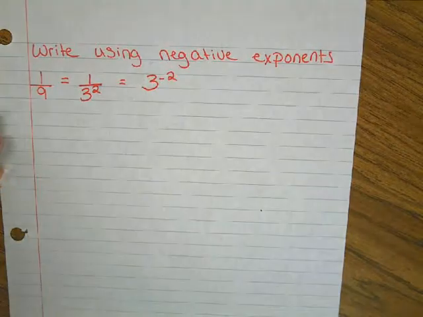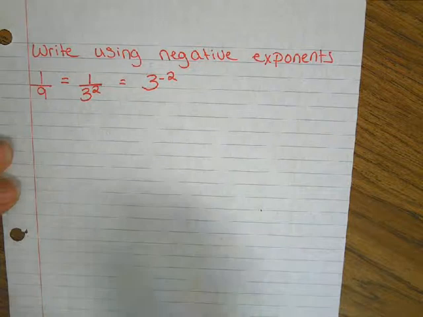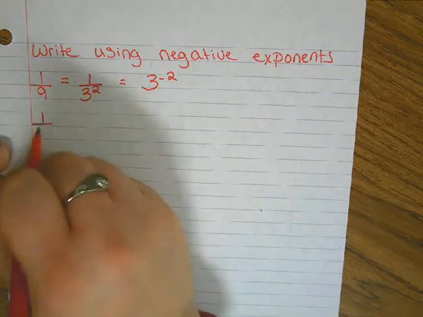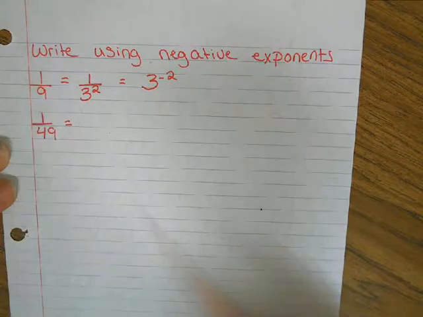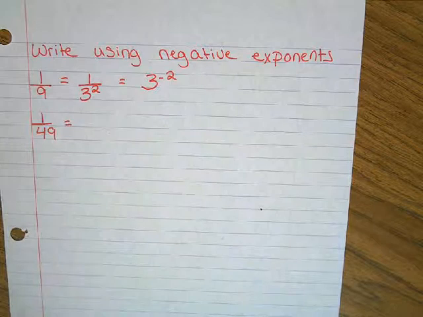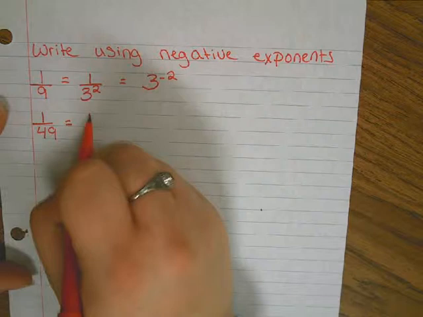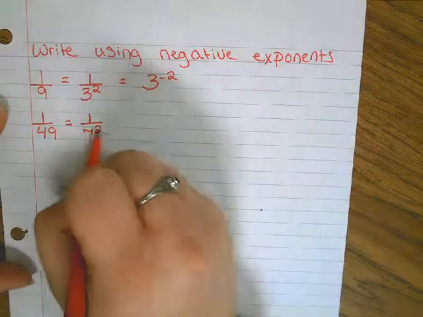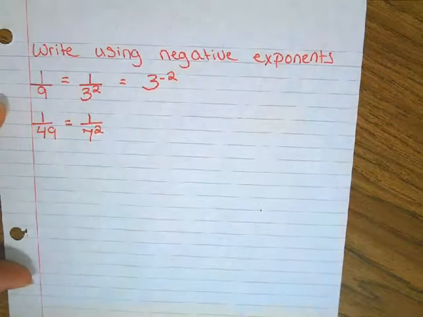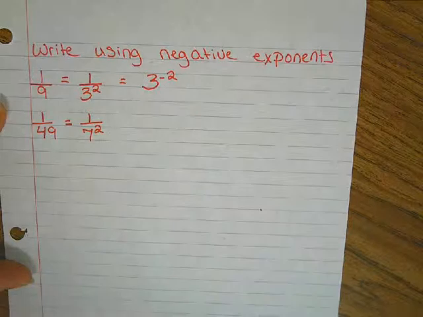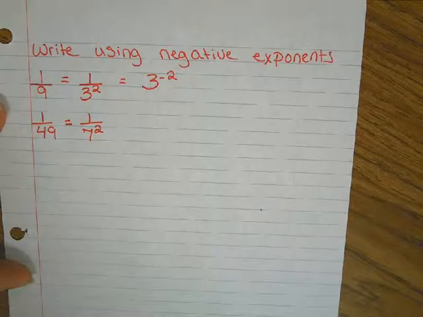Alright, what about 1 over 49? What number times itself gives me 49? 7. So it's 1 over 7 squared. So negative exponent would be what? 7 to the negative 2.